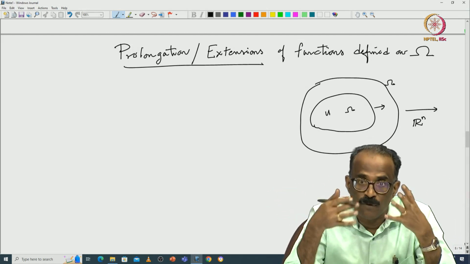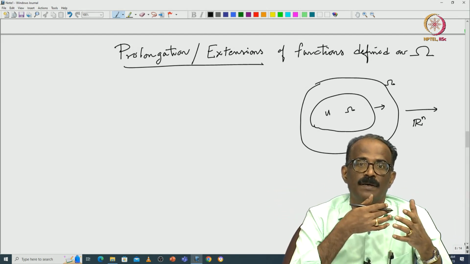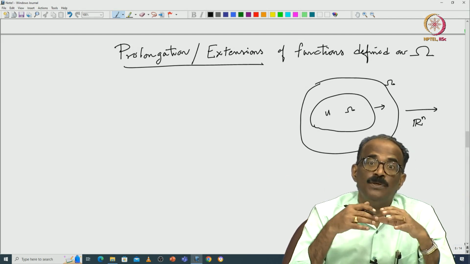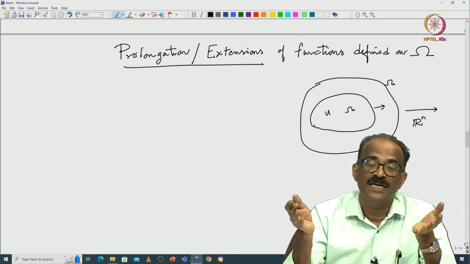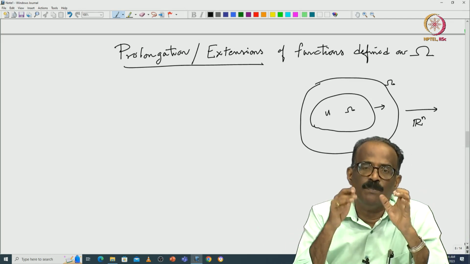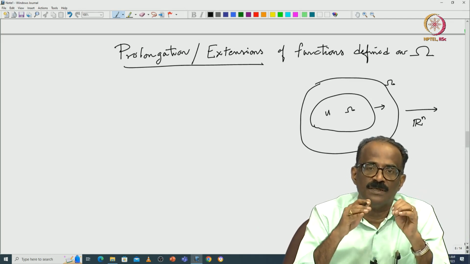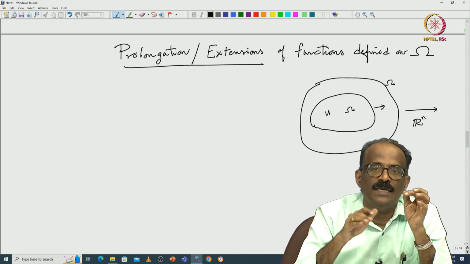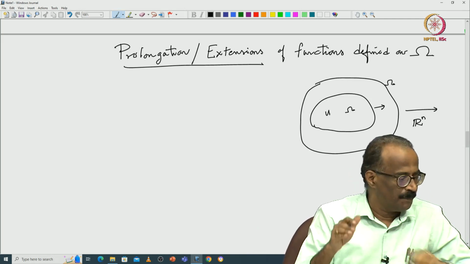That powerful theory can be used to extend the function and then conclude about the domain. So, extensions of functions play a vital role in the analysis of PDEs.